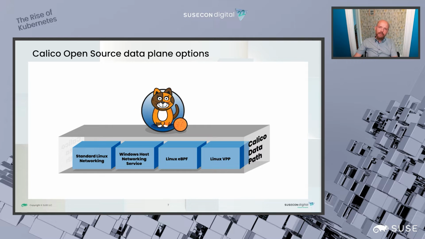And we have the Linux VPP data plane, which is based on the vector packet processing data plane, which brings even higher performance than the eBPF data plane in certain scenarios. If you'd like to know more about any of those data planes, I've done talks on all four of them, and also we have plenty of content on our website.